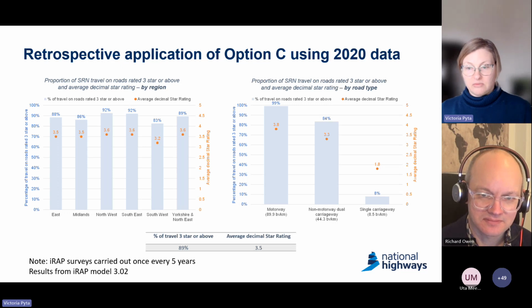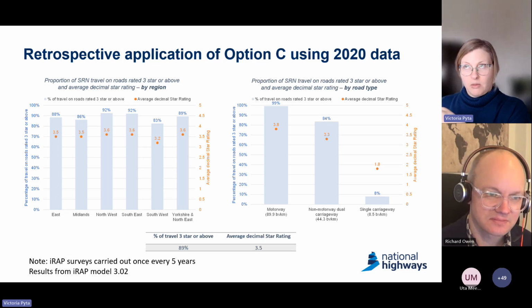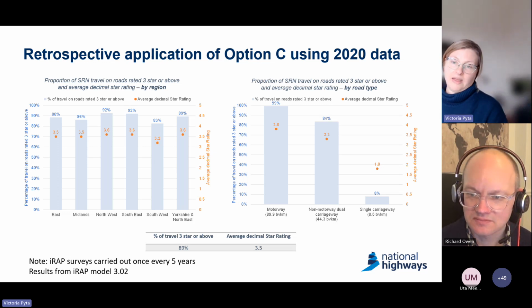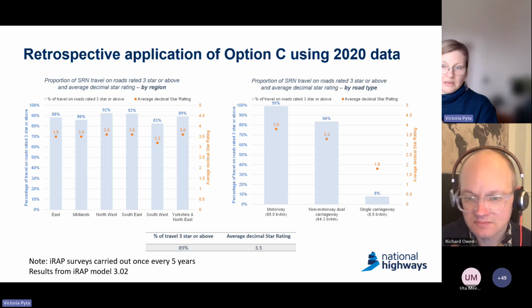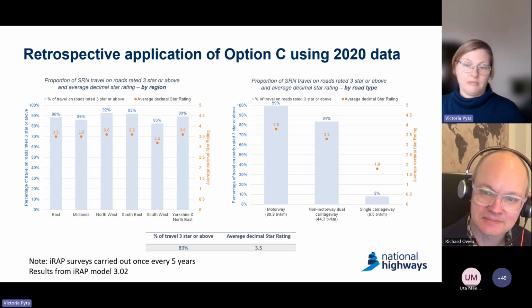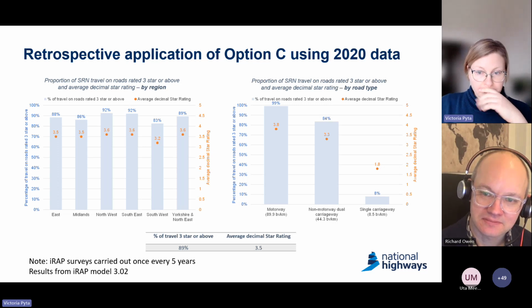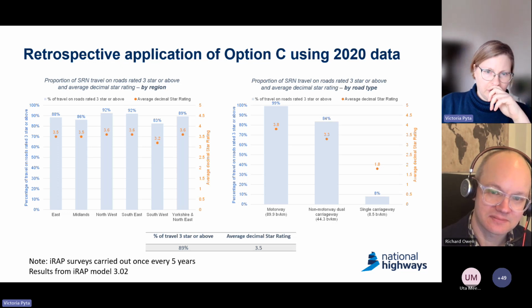But it does help us to really focus on where the opportunities are to improve the built environment and up that inbuilt safety, which is more on the single carriageway A roads, which is where the majority of our 1- and 2-star road network are. Excuse me. So I hope I've explained that slide well enough.